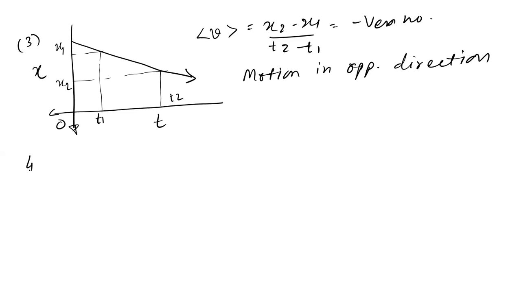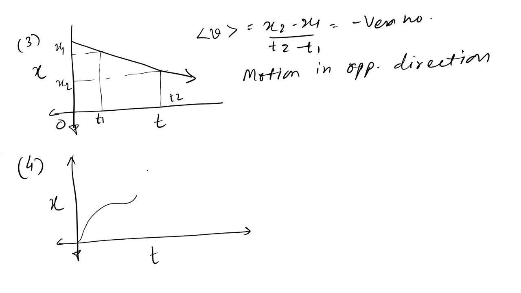And the fourth case is that suppose the x versus t graph is not a straight line, but it is a curve, something like this. So this is the situation where at different time intervals, the displacement is different and you cannot comment on any particular pattern. Such a motion is called non-uniform motion.